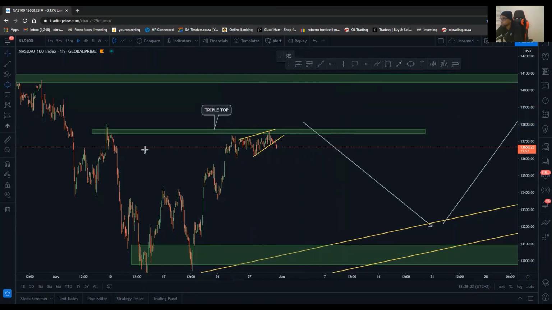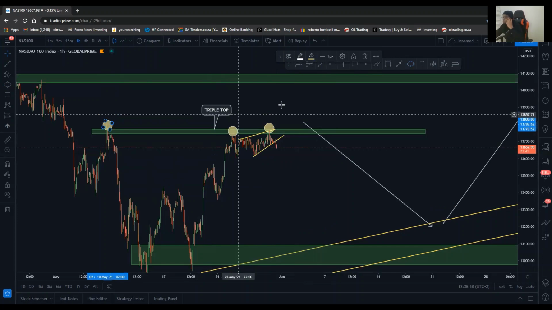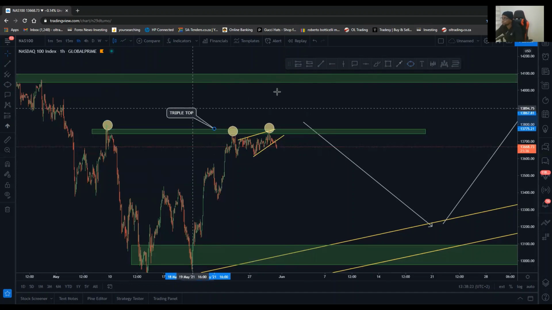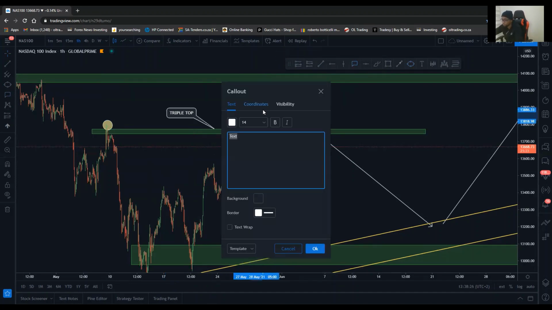We have a triple top on these points. One, two, three. Okay, triple top. Horizontal zone. Significant area.